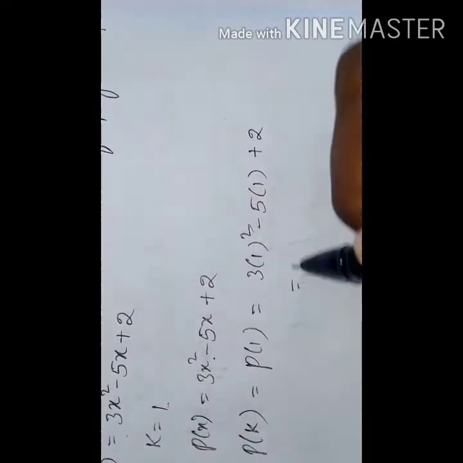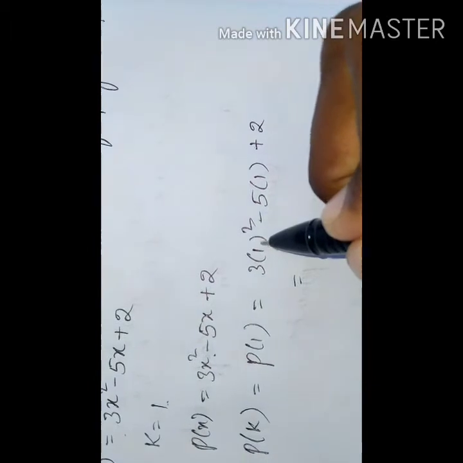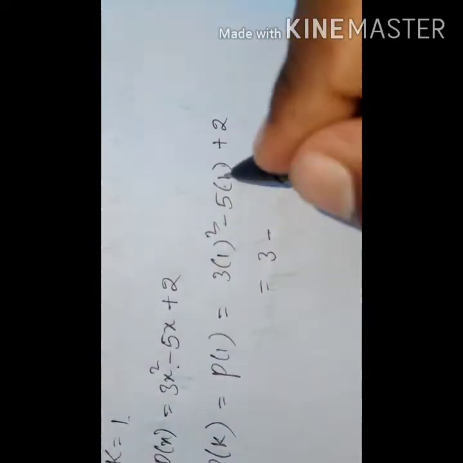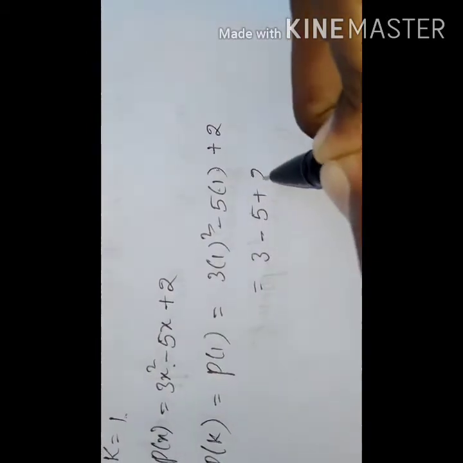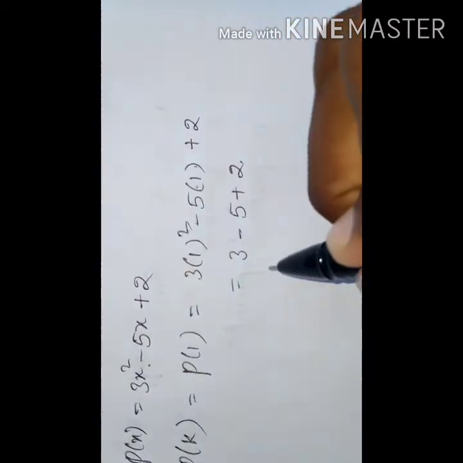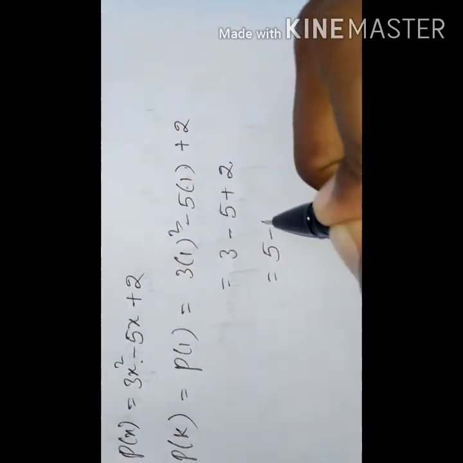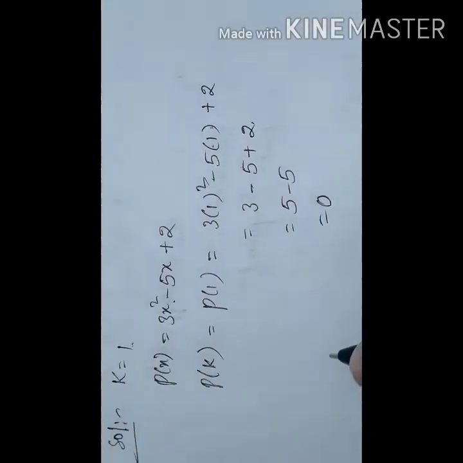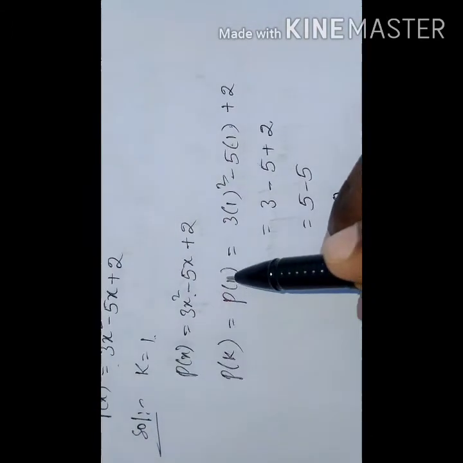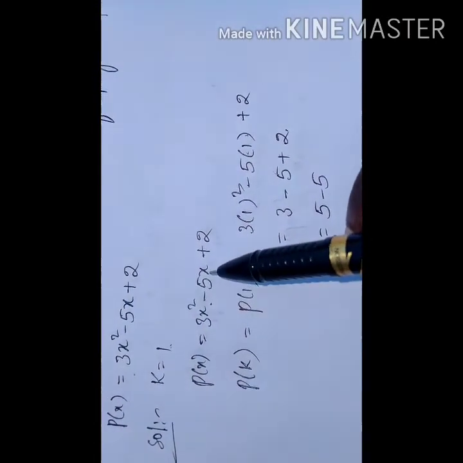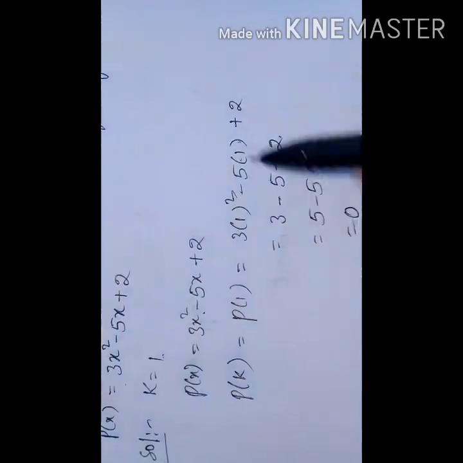Here 1 square means how much? 1. 3 into 1 is 3, minus 5 into 1 is 5, plus 2. Here 3 plus 2 is how much? 5. Here we already have minus 5. 5 minus 5 is 0. So for the value of 1, the polynomial 3x square minus 5x plus 2 is 0.